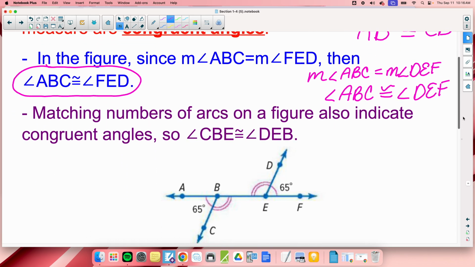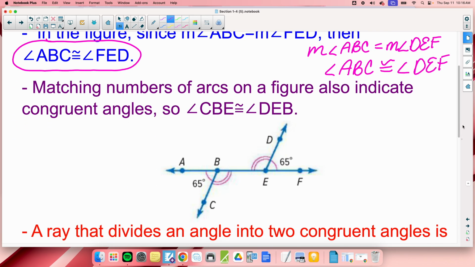Now, I was telling you guys that sometimes you have more than one set of congruent segments. You can also have more than one set of congruent angles. If we look here, this angle has one arc, this angle has one arc, so they're congruent. This angle has two arcs, this angle has two arcs, so they're congruent.